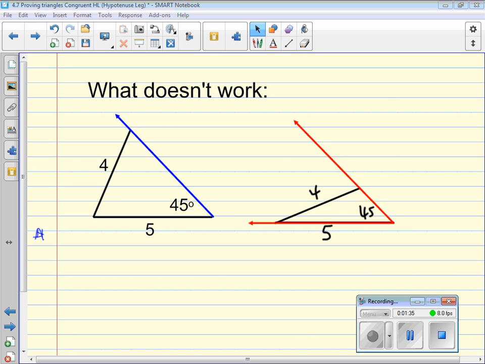All right, if you take a look at these two triangles, in the triangle over here to the left, I have two sides that match two sides over here on the right, and we have that angle, 45 and 45. So we have an angle that matches up and two pairs of sides. Now we've already gone through this enough times to know that angle side side does not work, and here's a clear illustration of why it doesn't.